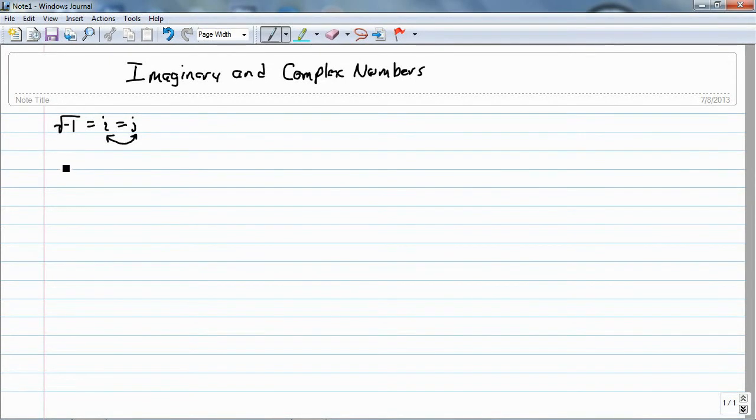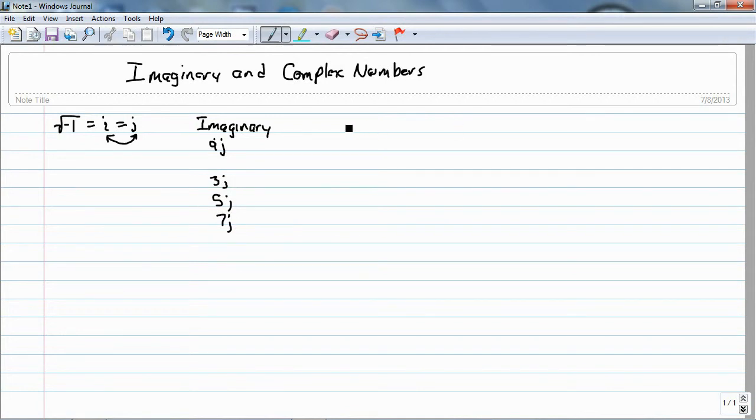So imaginary numbers are just a number multiplier times the imaginary number. So you could have 3J, 5J, 7J, anything. But it's just the imaginary part.